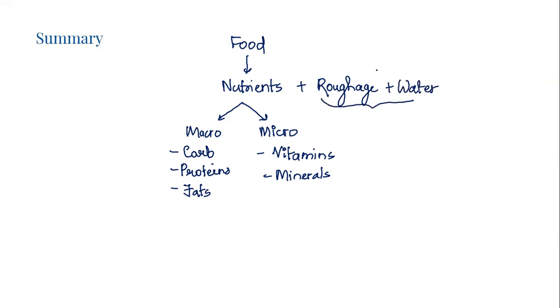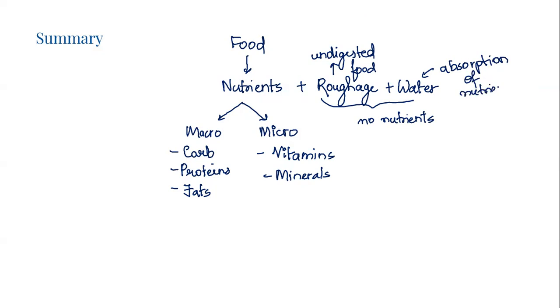Roughage and water do not provide any nutrients to us, but they are very important components of food, because roughage helps in the removal of undigested food, and water is required for the absorption of nutrients from the food that we eat, and also to remove waste from our body in the form of sweat and urine. This is all about the components of food.